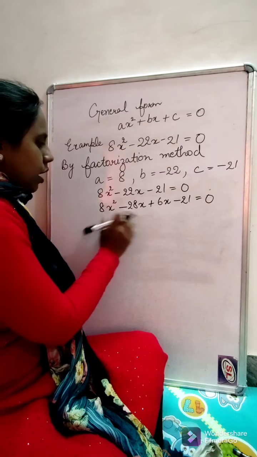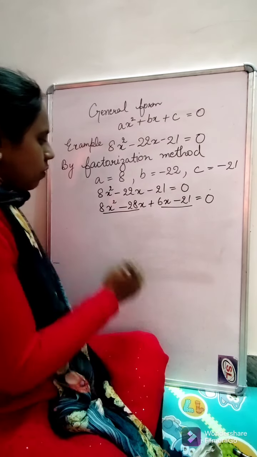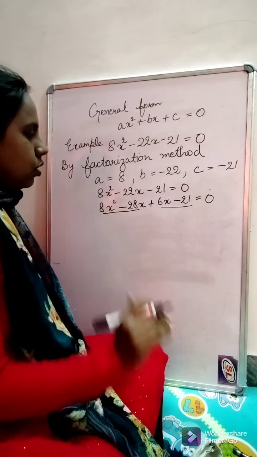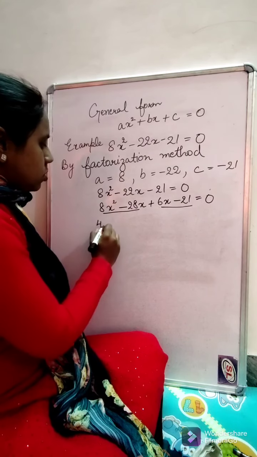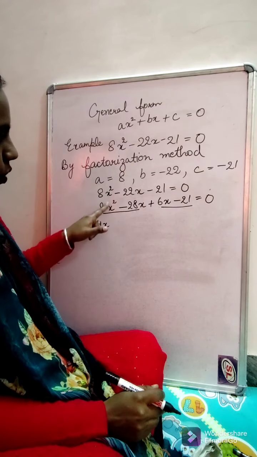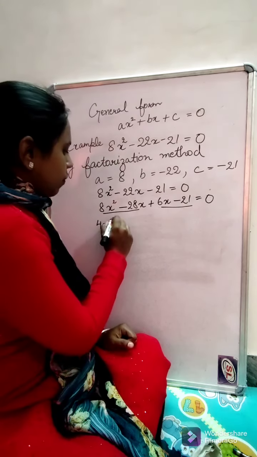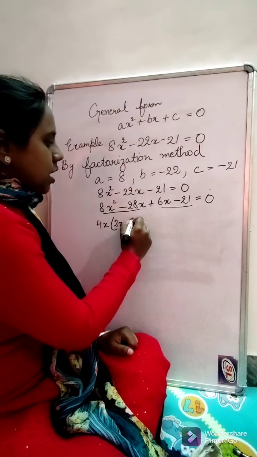Now we have to group it. Whatever is common from the first two terms, take out that common. 4 is common, and x is also common. So 4x is taken out, and here you get 2x minus 7.